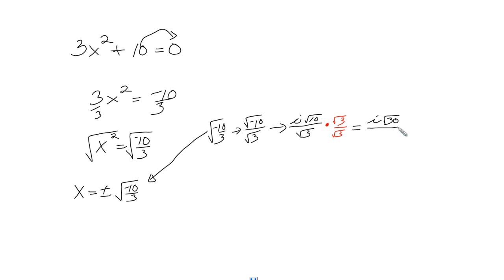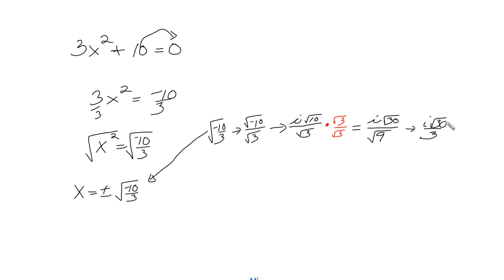Nope. Square root of 3 times square root of 3 is square root 9. And then the square root of 9 is the whole number 3.